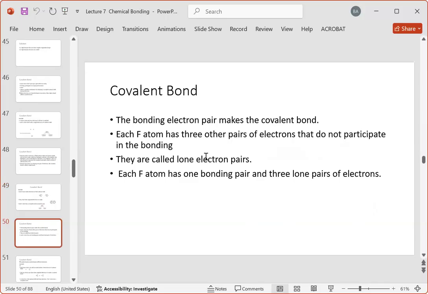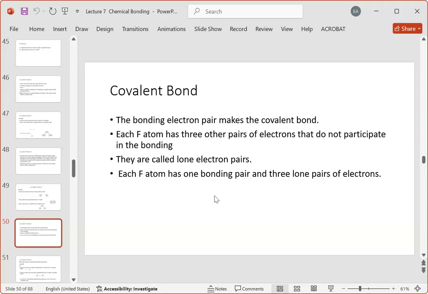So the bonded electron pair makes the covalent bond. The pairs that don't take part in the sharing, we call lone pairs. The ones that take part in the sharing, we call the bonding pair.